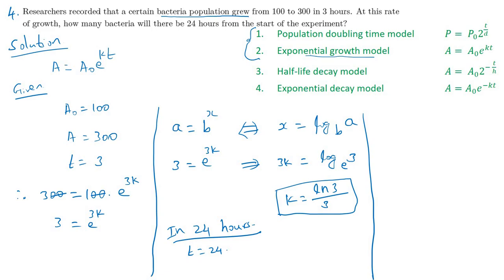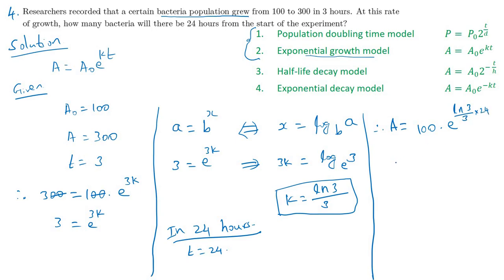This is the initial value, and the initial value always remains the same. Therefore, A is equal to A naught, 100, multiplication e power K value, which we already know. Substitute here: ln 3 divided by 3, multiplication T value, 24.